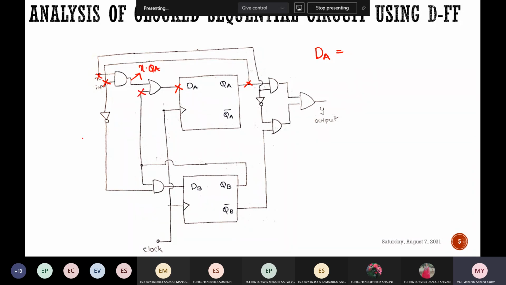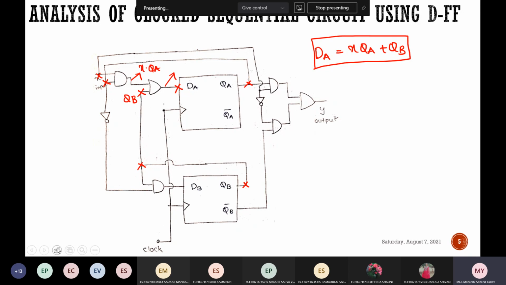What is the input that is given to this OR gate? Observe carefully. It is connected to QB. So after passing through the OR gate, what will be the answer? XQA plus QB. Right. So we got DA equal to XQA plus QB. So we got one Boolean expression.